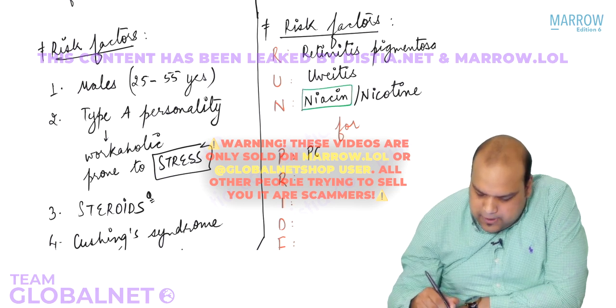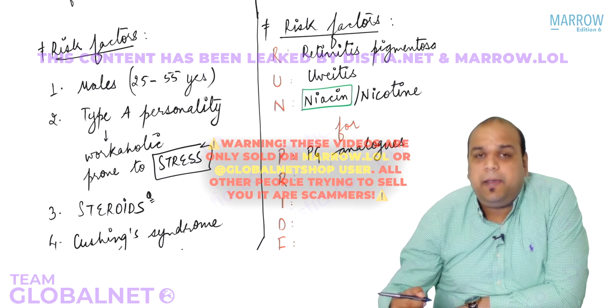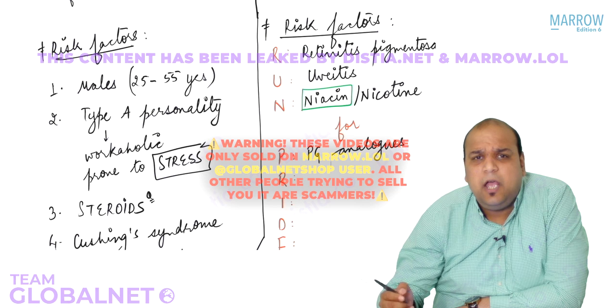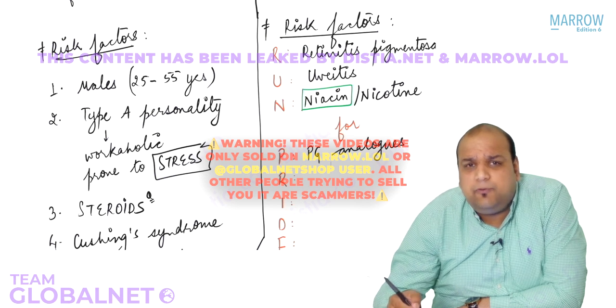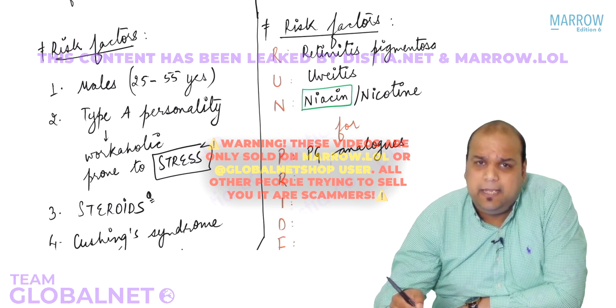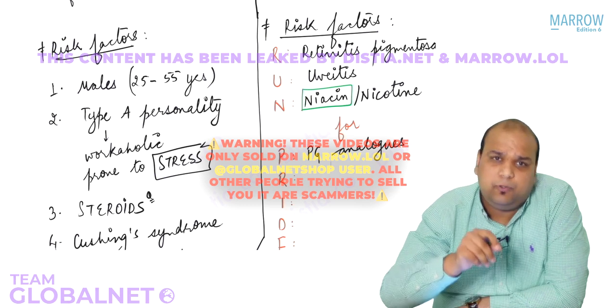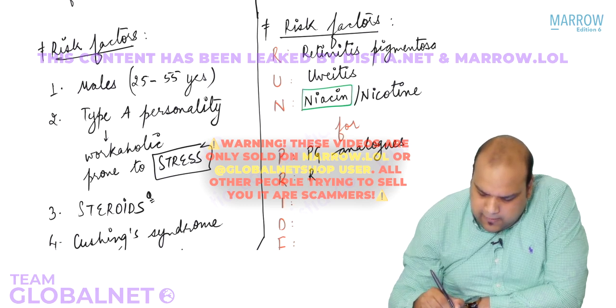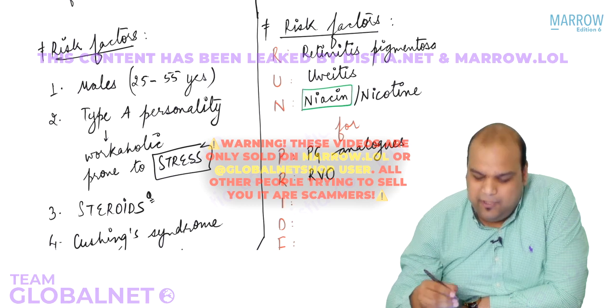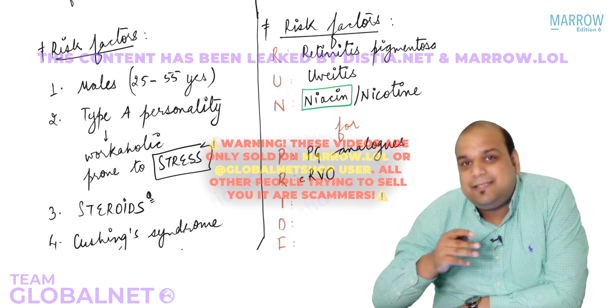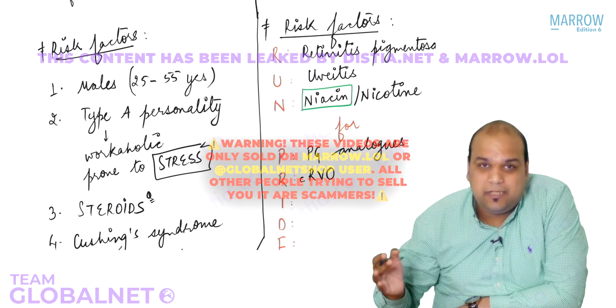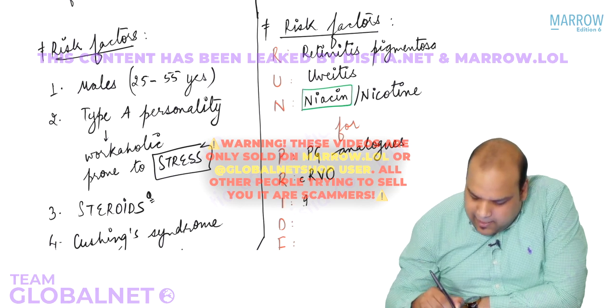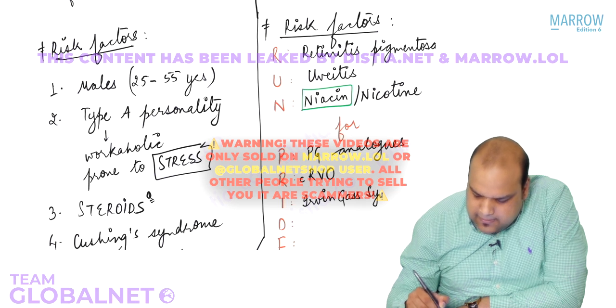P for prostaglandin analogs. If we have paid attention to the side effects of latanoprost, prostaglandin F2 alpha analogs in glaucoma treatment, everybody, there we have written as the fourth side effect cystoid macular edema. Then R for RVO. RVO, if I put a C in front of it, CRVO, retinal vein occlusion. Again, we are going to study it. I for Irvine-Gass syndrome.